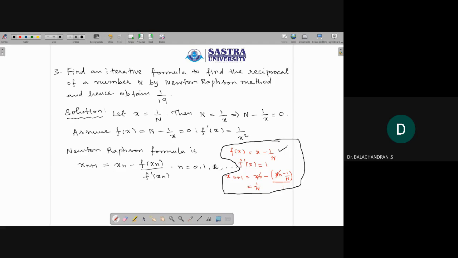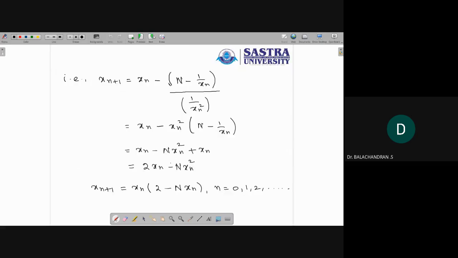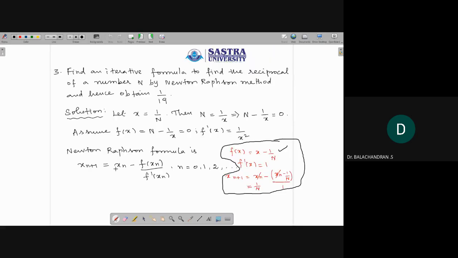Okay, now xn plus 1 equal to xn minus f of xn. What is f of xn? n minus 1 by xn. f dash of xn is 1 by xn square.